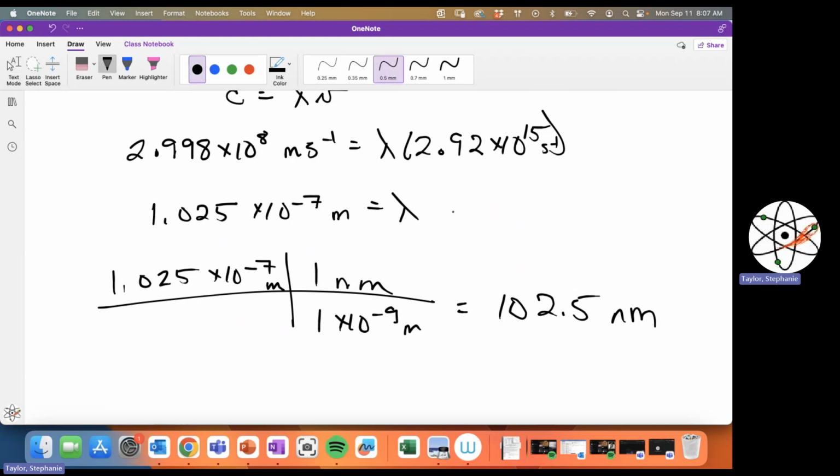So hopefully that helps out with wavelength calculations. We actually started with values of n and went to wavelength. So that's a couple different ways you might be given information and asked to solve for wavelength.